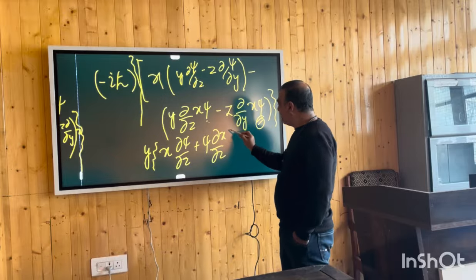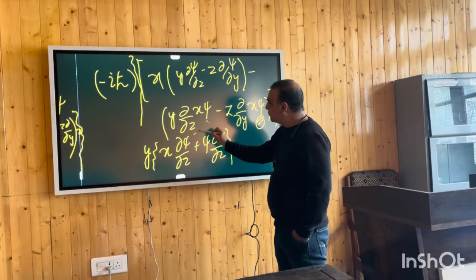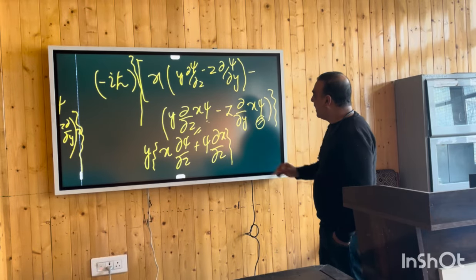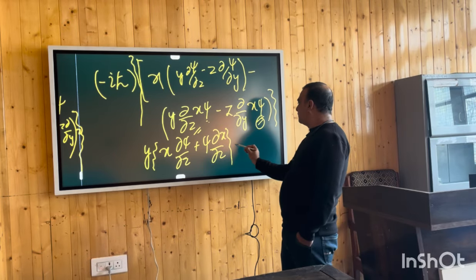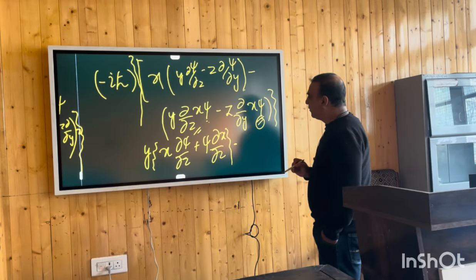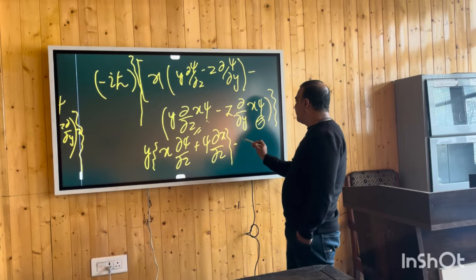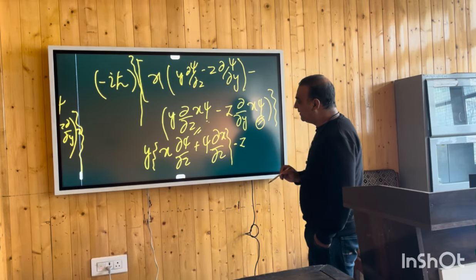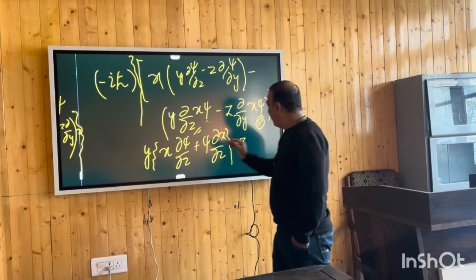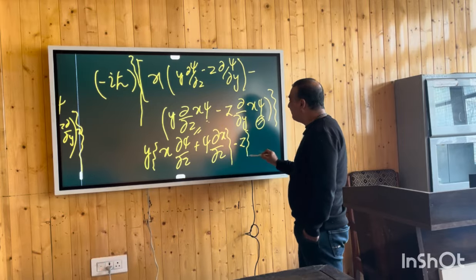So this part is resolved, and then we will have this part. It has its own original minus here. So z is here, and then y, and then a bracket.